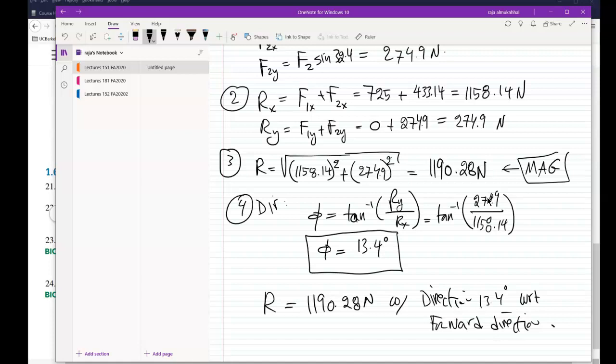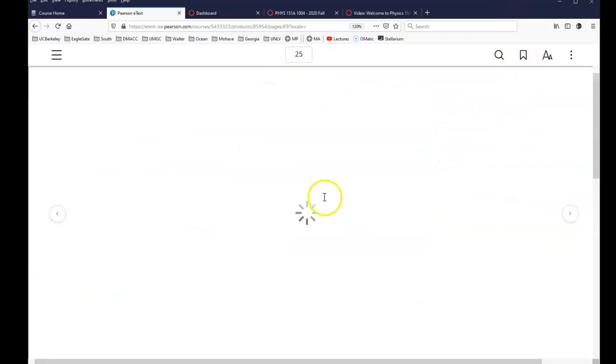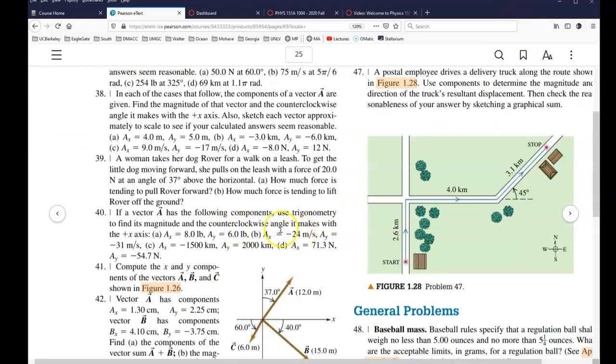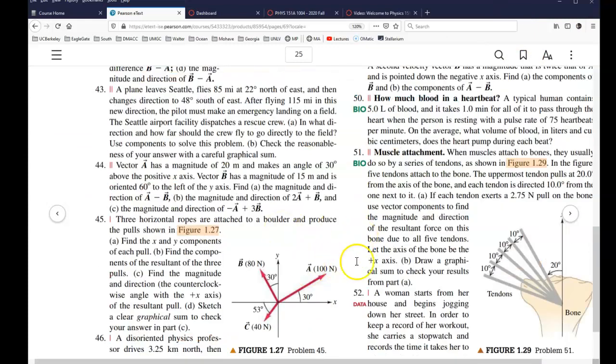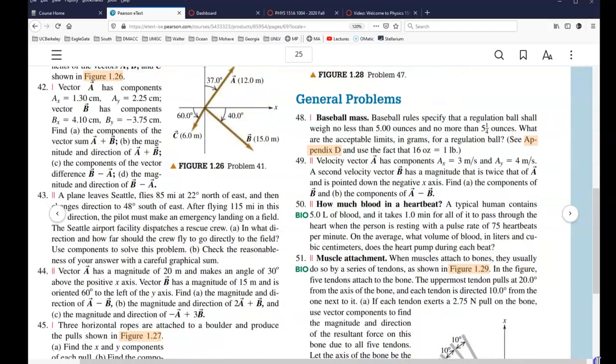Okay. The last problem that I want to do for this lecture is number 49. Let me go back. Oh, I have the book here. 49 right there. Right there, guys. See it? Okay. It's level 2.